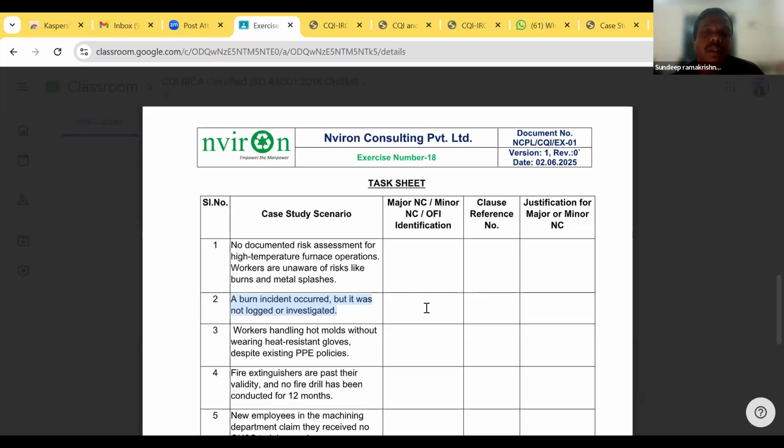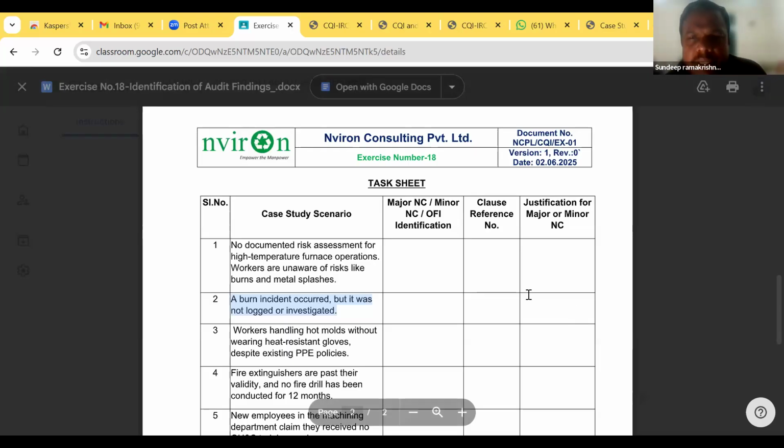Srikanth, if you don't have a system for recording incident, will you accept that management system? Sir, as an auditor, this is a critical decision. You say this is OFI. Sir, if we say major NC, you are saying there is no system. See, you have to give justification.